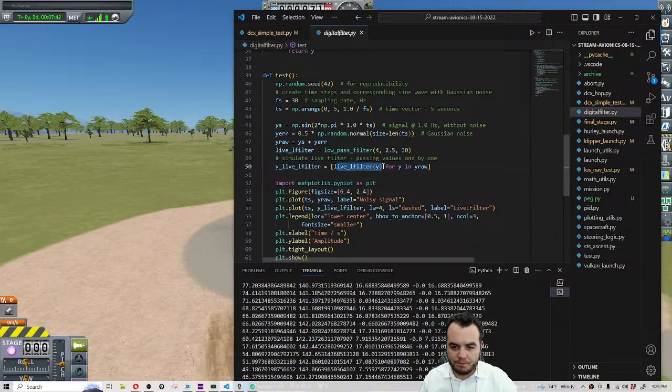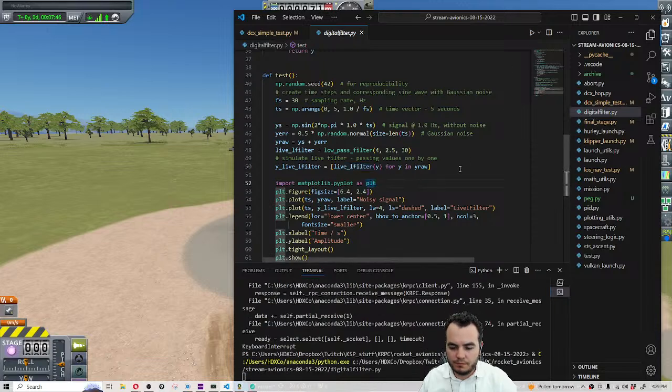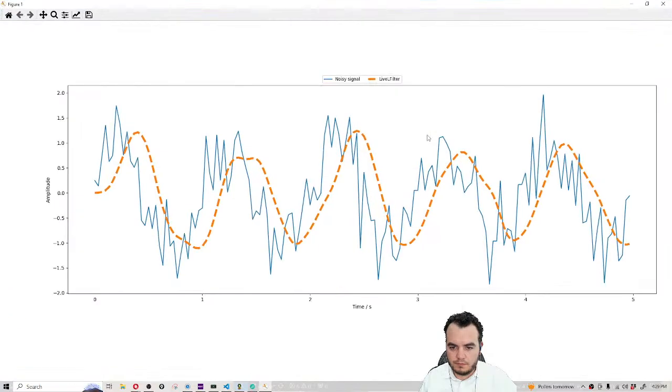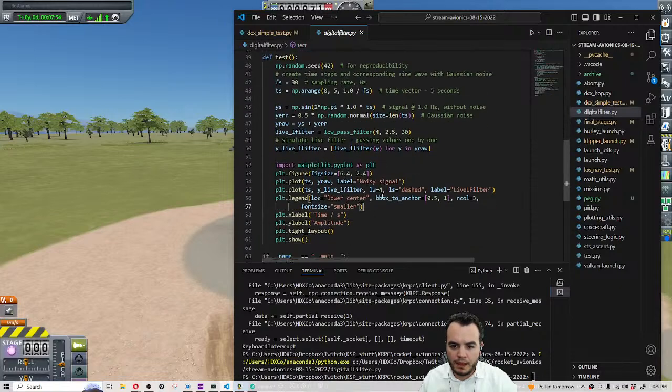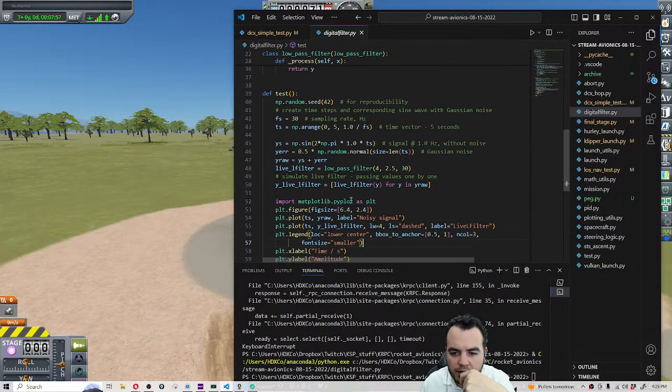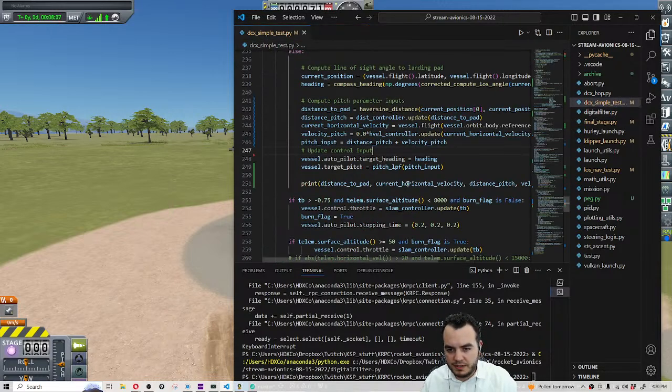Yeah. Okay, sounds good. And what was this one defined with? Because that smoothed it out pretty well. And that was 4, 2.5, and 30. Okay. We'll leave ours at 4.3 and see what happens.